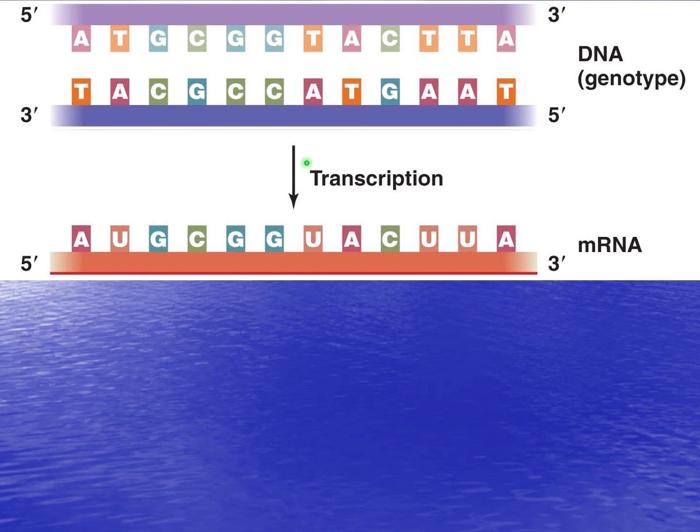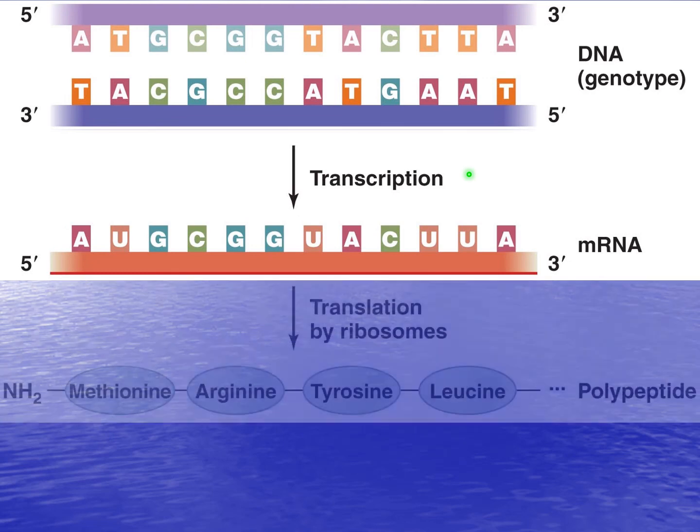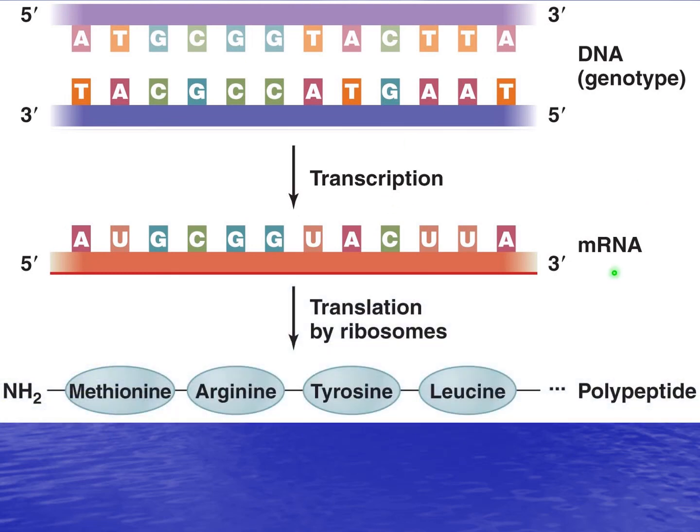In eukaryotic cells, this occurs in the nucleus. In prokaryotic cells, it simply occurs in the cytoplasm. Then the messenger RNA will be translated by the ribosomes into a series of amino acids. And a 3-nitrogenous base sequence of the messenger RNA, known as a codon, will code for each amino acid.